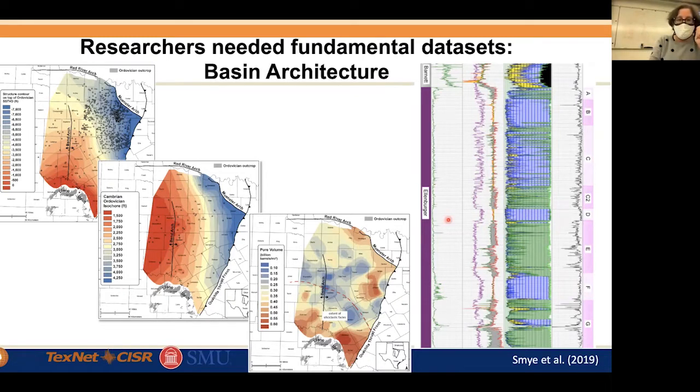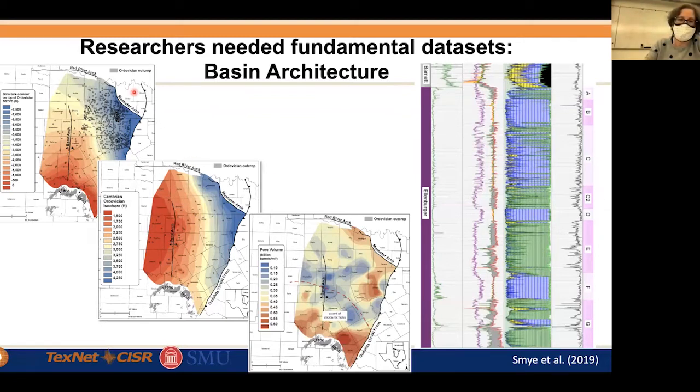They have spent a lot of time creating a fundamental 3-dimensional basin architecture data set in Petrel and various other software. What you're looking at here, all of those little dots are not earthquakes. These are well data that have been reported to the regulatory agency and can be used with the logs that get reported to back out the 3-dimensional structure of the basin. So I showed a cartoon 2D cross section, but there's really an underlying 3-dimensional data set now.